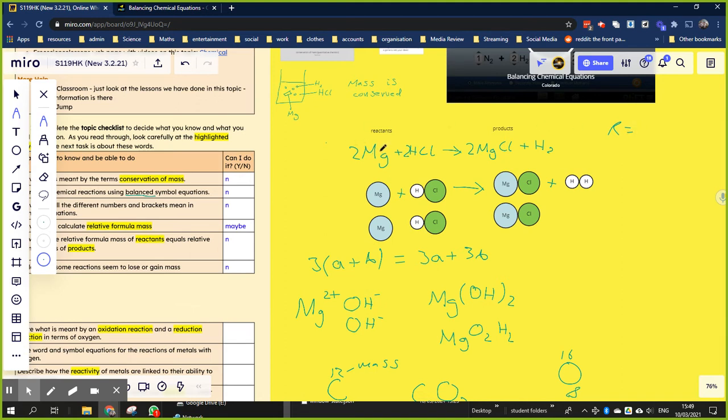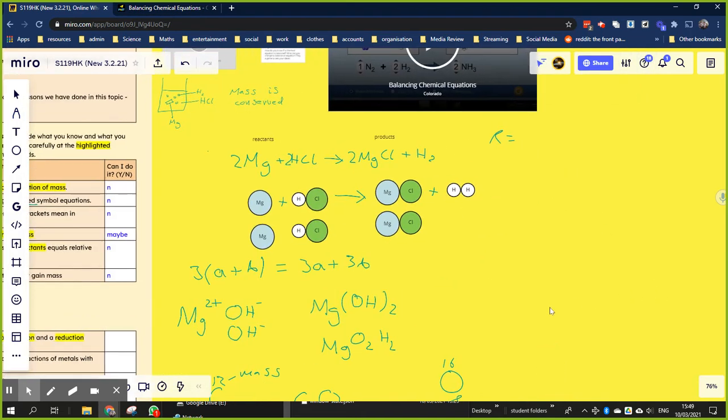If you could just look at the periodic table and find me the mass number for magnesium, which is in group 2. Is it 24? Okay, that's not the atomic number, that's the mass number, right? No, you're right the first time. It's the larger number that's the mass number. So 2 times 24 is the magnesium.